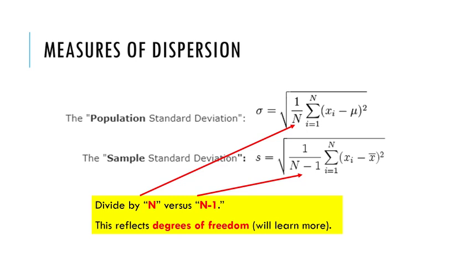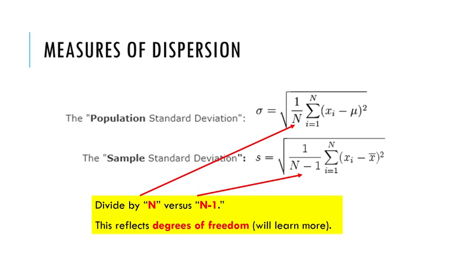Again, one is looking at deviations from the population mean, the other's looking at deviations from the sample mean. One is dividing by n and the other is dividing by n minus 1. Now, hopefully you're thinking, why? Why is the population divided by n whereas the sample is divided by n minus 1?